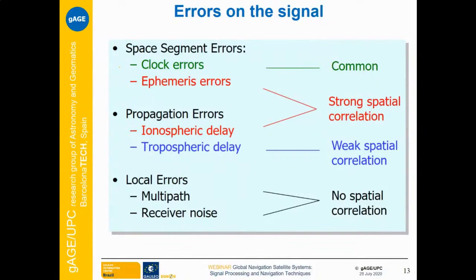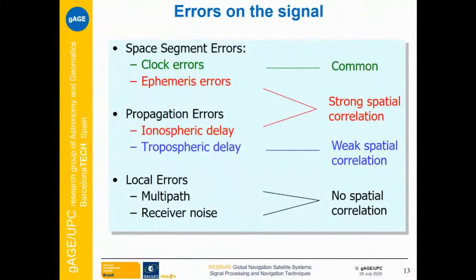Then we have the propagation errors, where we distinguish between the upper layer of the atmosphere, the ionosphere, and the lower layer, the troposphere. And then we have local errors at the receiver or the antenna of the user, depending on the surroundings or the particular environment.